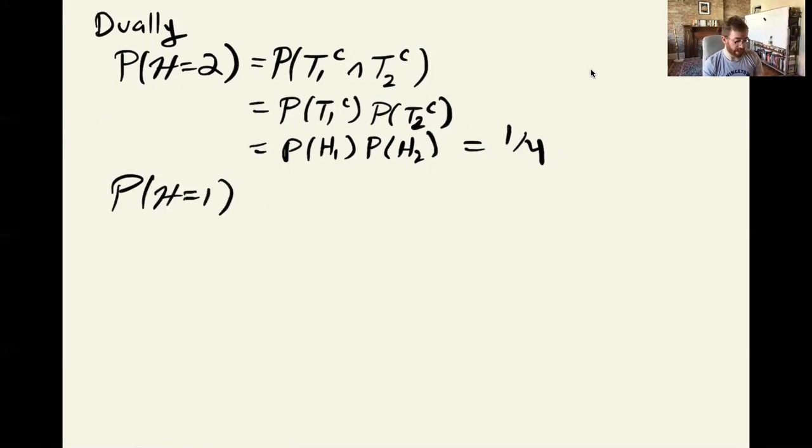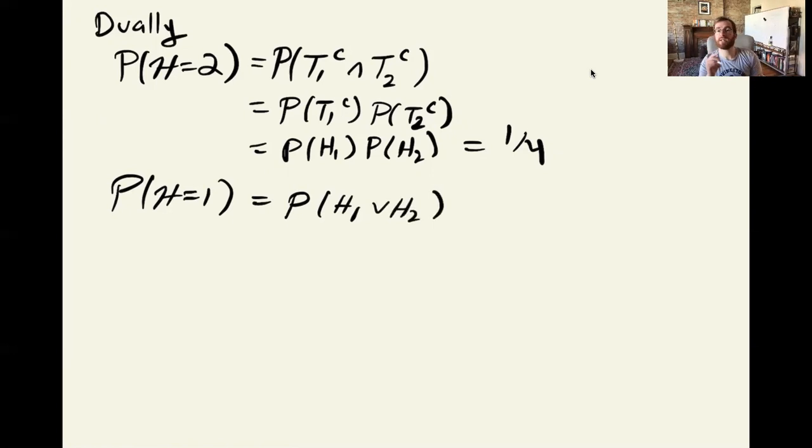All right, so the probability that H equals 1. How do we write this out symbolically? You might do something like this, which could get a little confusing. Let's say I look at the probability that the first coin is a heads, or the probability that the second coin is a heads.